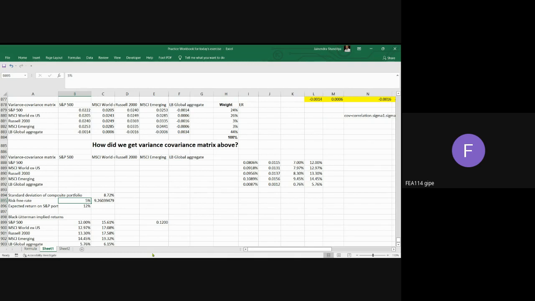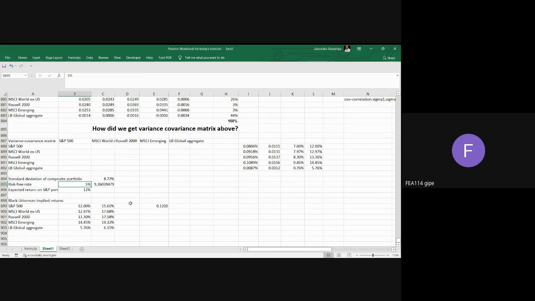Why? Because the risk-free rate, you can invest in a treasury bill and see what the risk-free rate is, all the time. Yesterday also the RBI left the status quo, but you know the repo rate, reverse repo rate, and the bank rates and all that. So these two things are given to you, and then what we want to calculate is the Black-Litterman implied portfolio return.